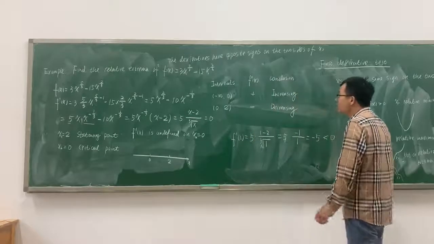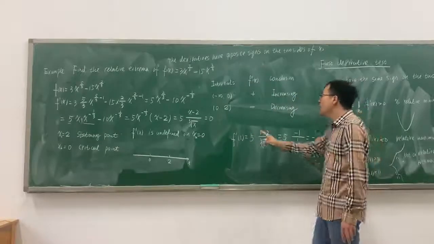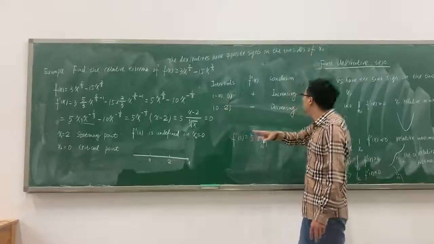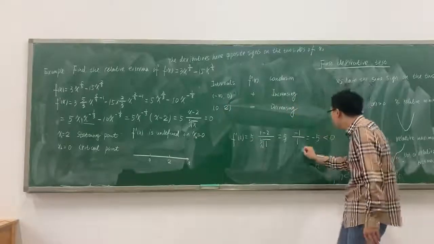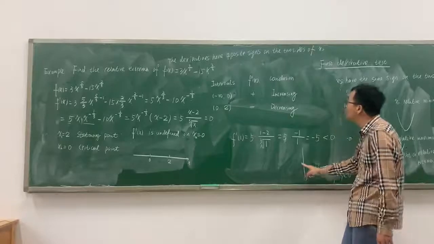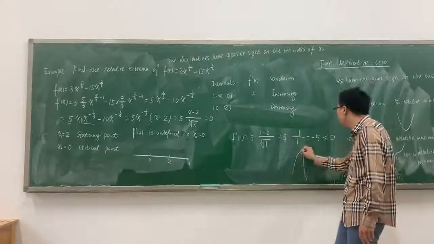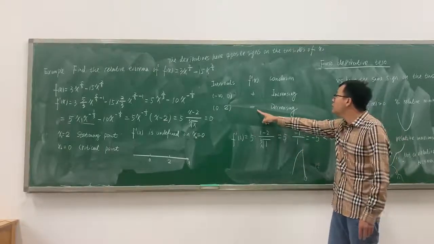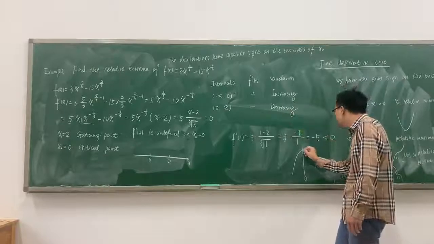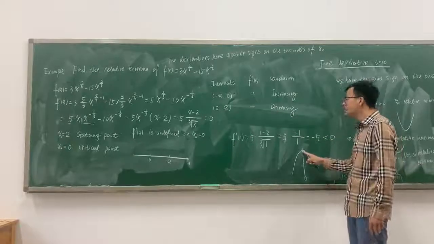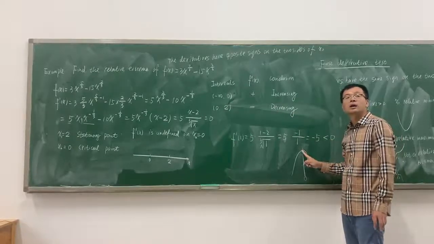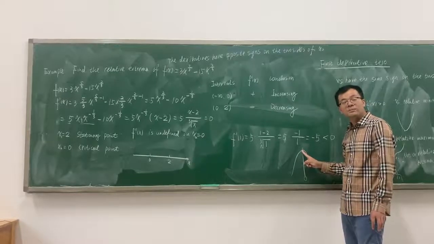So here we can see on the 0, on the left of 0 is increasing, and on the right of 0 is decreasing. So the 0 is a relative maximum.